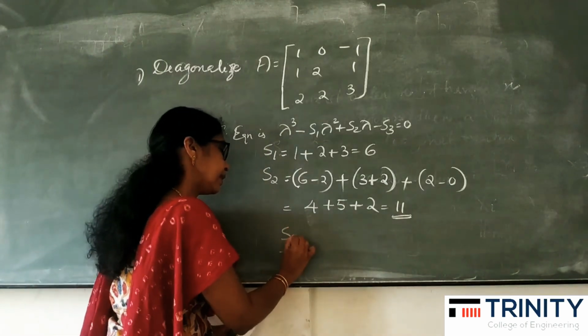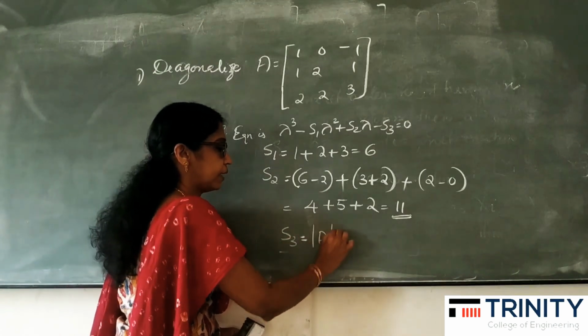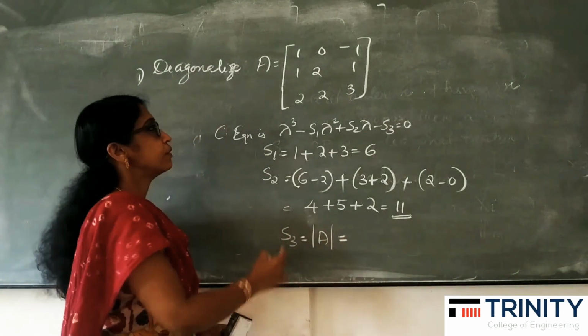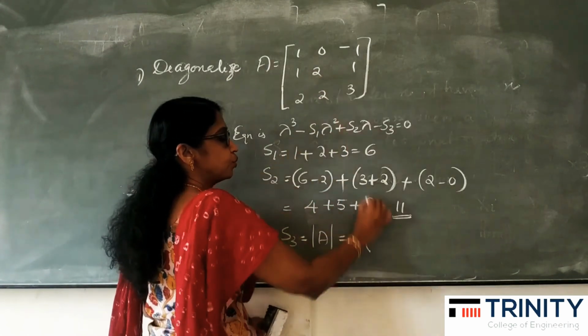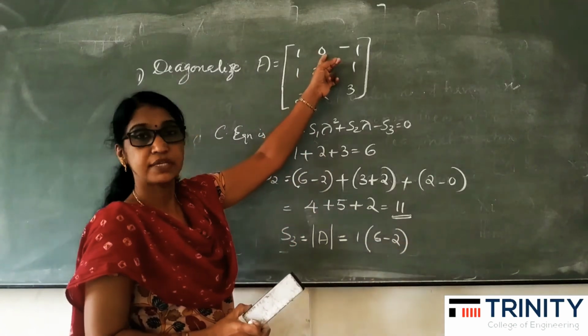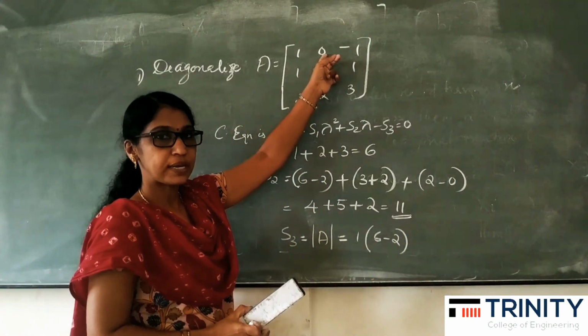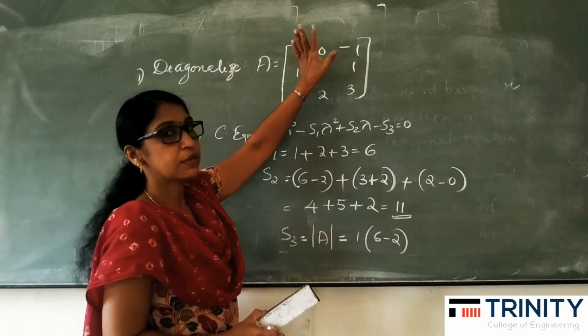And what is S3? S3 is nothing but the determinant of A. Determinant of A is 1 into 6 minus 2, minus the second element, which is 0. No need to write this element because the product will be 0, so we skip that term.